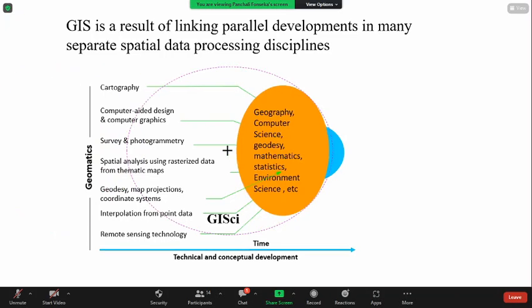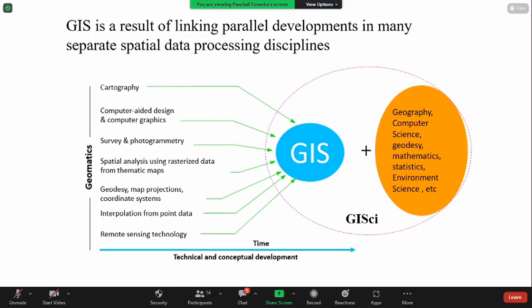So that's how GIS science comes to the field. GIS science conceptualizes how to store spatial information, how to collect it, and analyze it. Then it can be integrated with many other disciplines like computer science, geodesy, mathematics, environmental science, and so on.